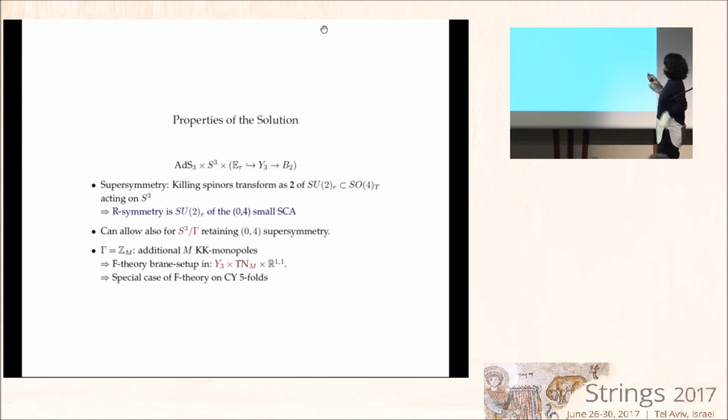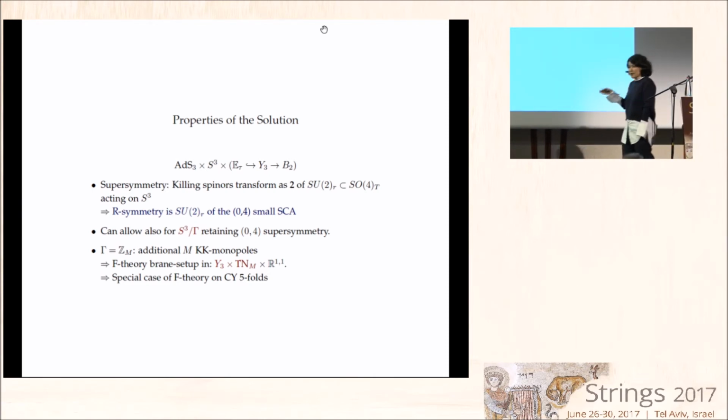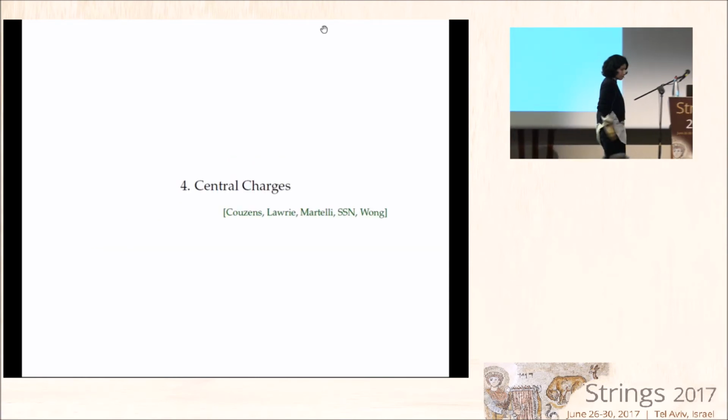This S3 mod gamma is exactly the horizon geometry for an F-theory compactification with branes on Y3 times Taub-NUT with charge M times R11. Another way of thinking about this is that it's a special Calabi-Yau fivefold compactification of F theory, and M dictates the number of Taub-NUT charges.